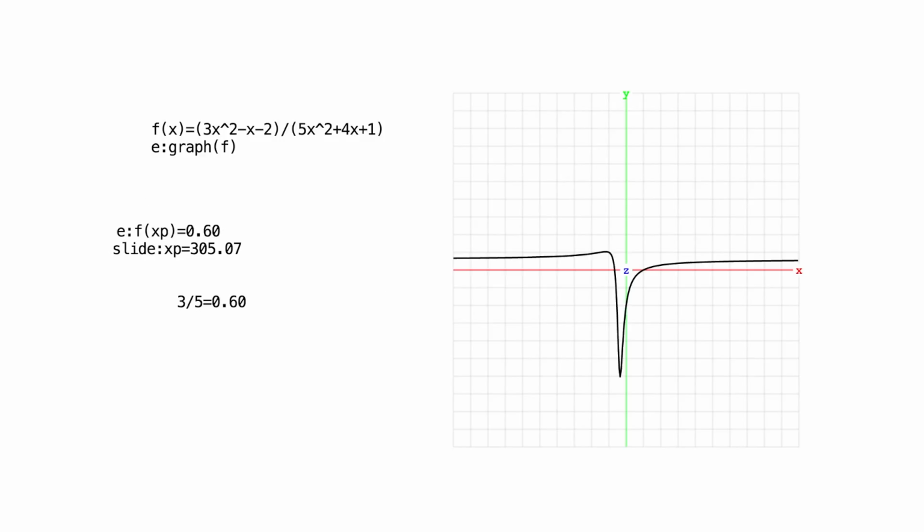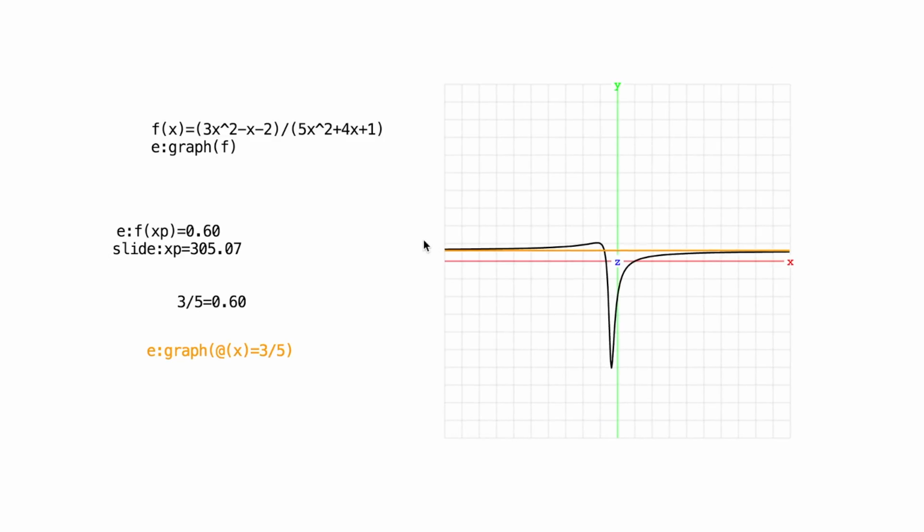So that is a horizontal asymptote, and I could graph that, just say graph 3 over 5, and I'll make that orange. And you can see that as x goes off to positive infinity, the output of the function gets closer and closer to this orange line. So that's a horizontal asymptote.